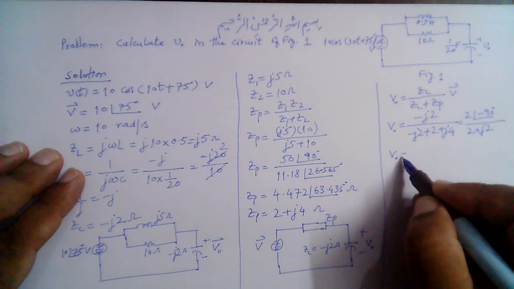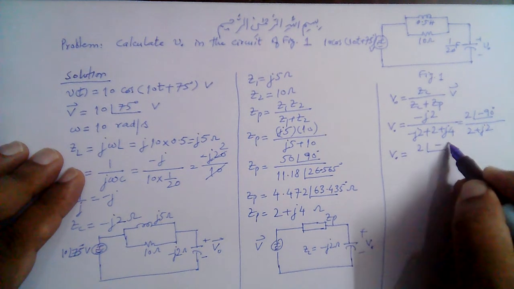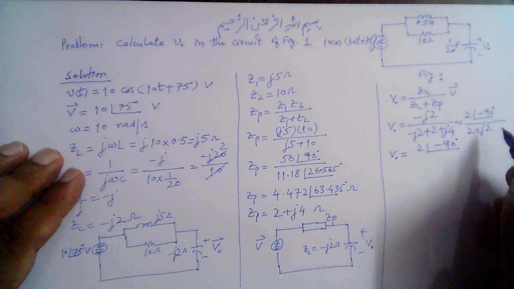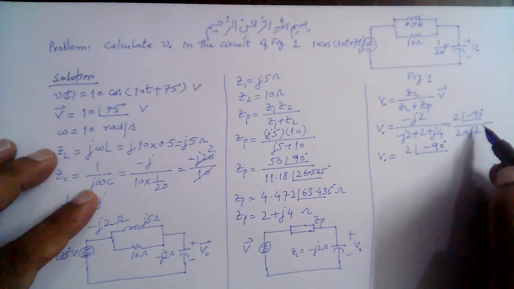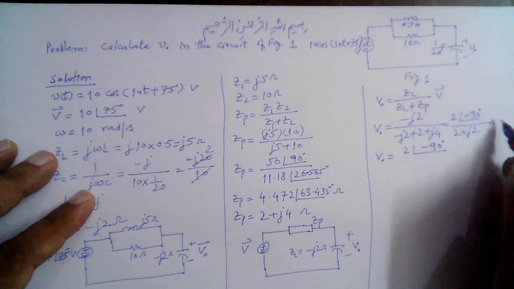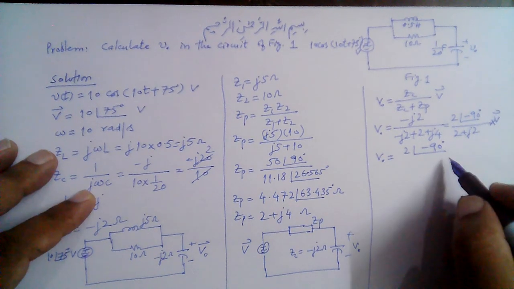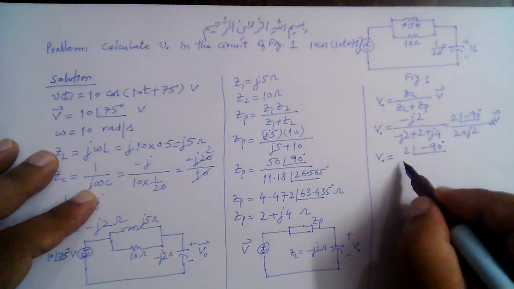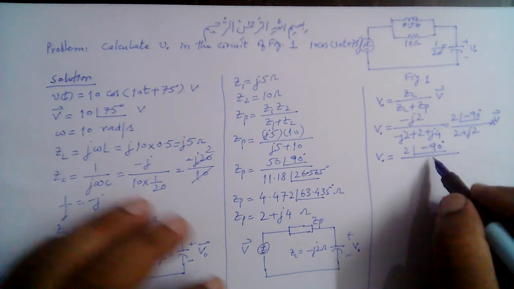So V naught is equal to 2 angle minus 90 degrees, and we don't forget to multiply this with the V here also, right? So this is 2 plus J2.